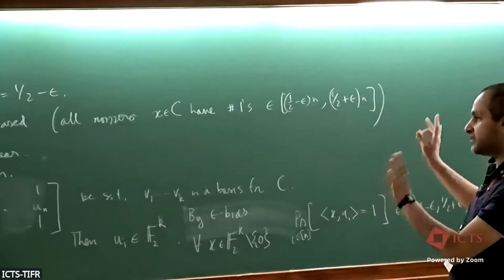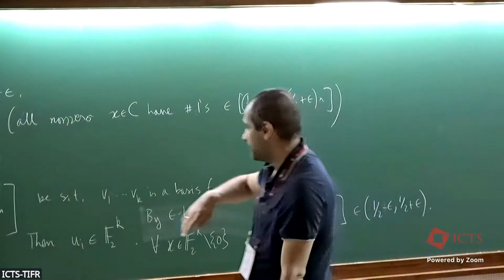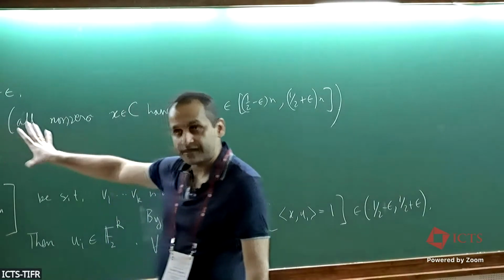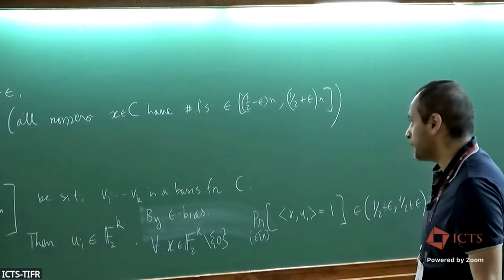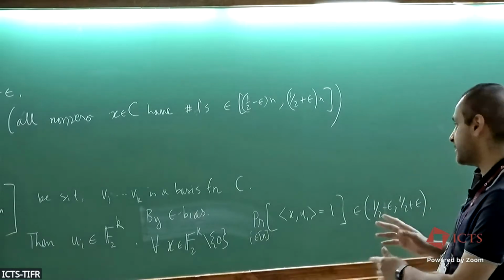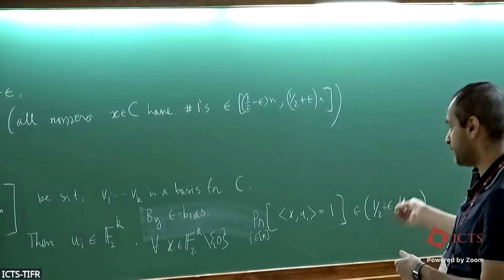This captured all our assumptions already. It's a linear code and it's biased.